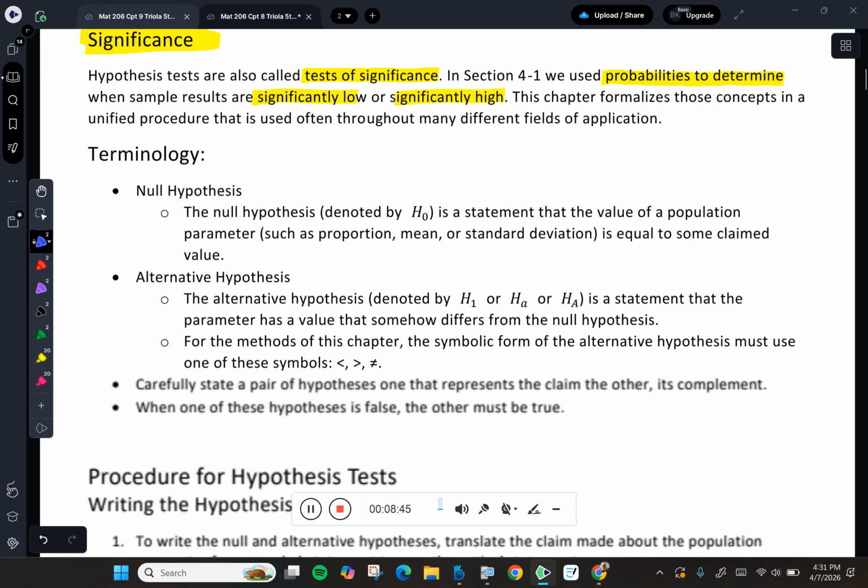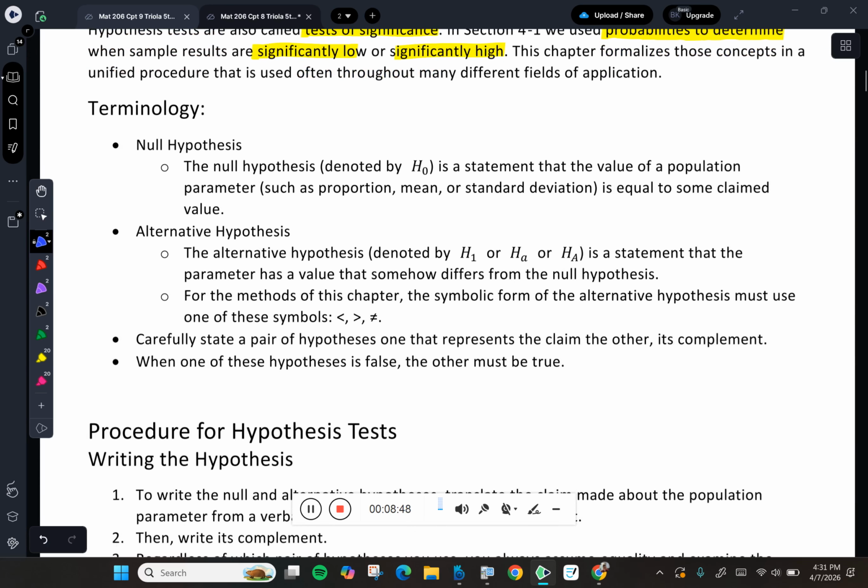All right, so let's take a look at some more terminology that's going to show up. You're going to see hypotheses come in two flavors. There's going to be the null hypothesis, and there's going to be the alternate or the alternative hypothesis. The null hypothesis is almost always denoted by H sub 0, H naught.